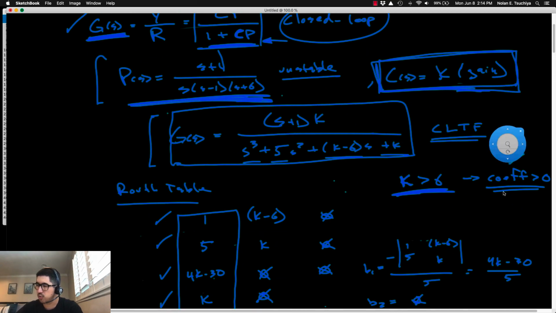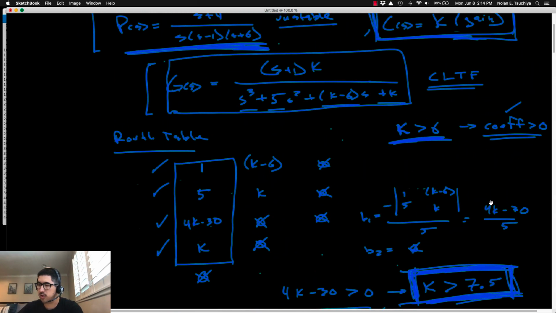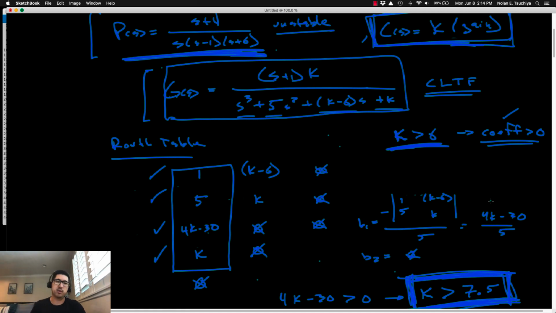I encourage you to review these notes and to look into some of these examples more deeply. Remember that we haven't formally introduced feedback control yet, so that's going to be the topic of lecture 6, and we're just now dipping our toes into that field by doing this type of basic Routh table control design strategy.